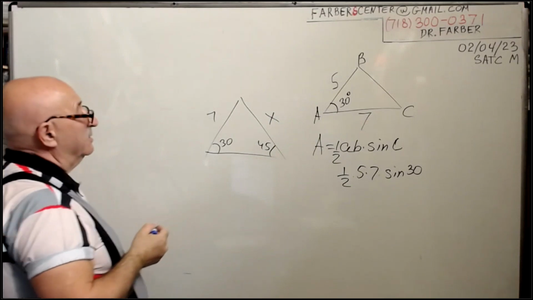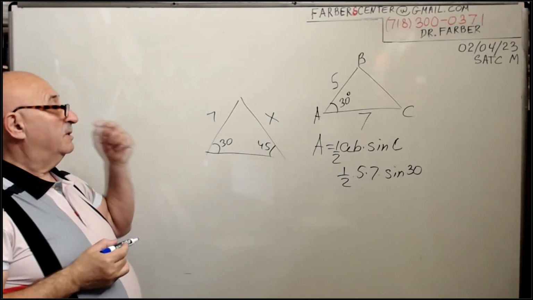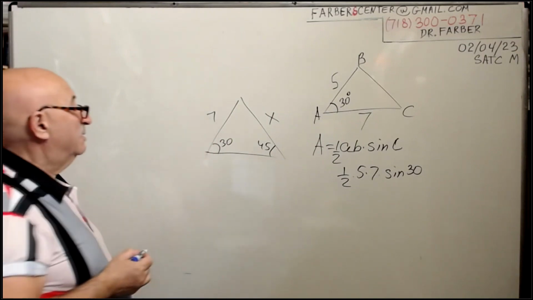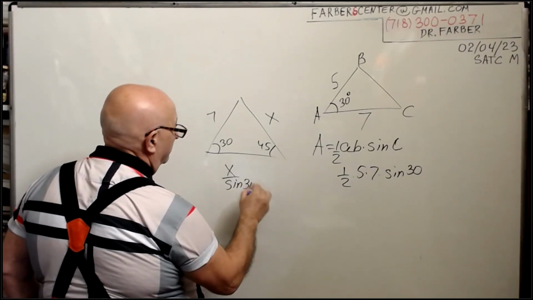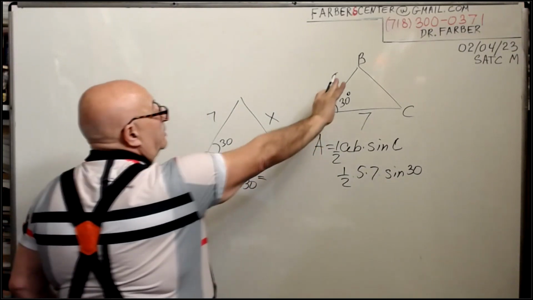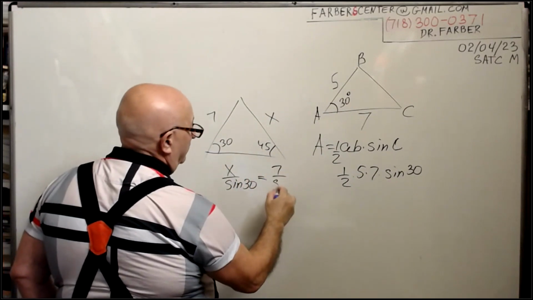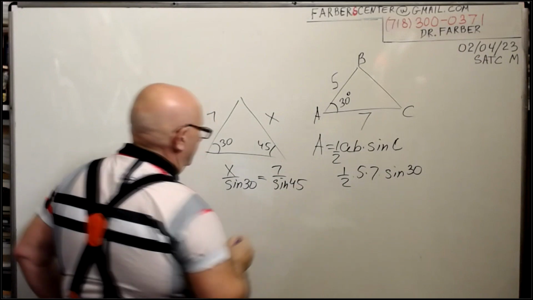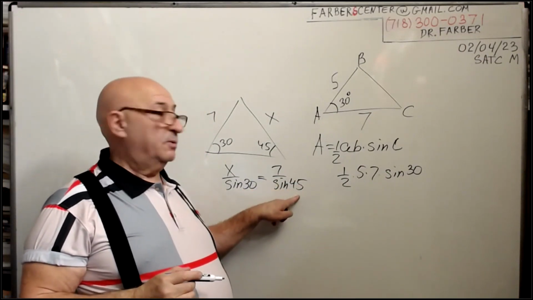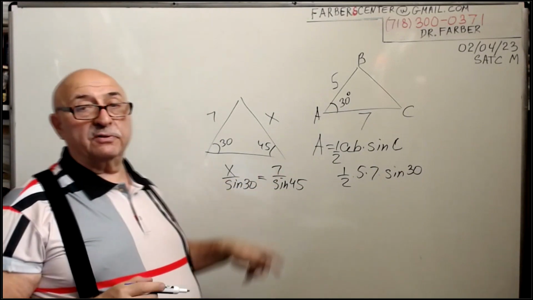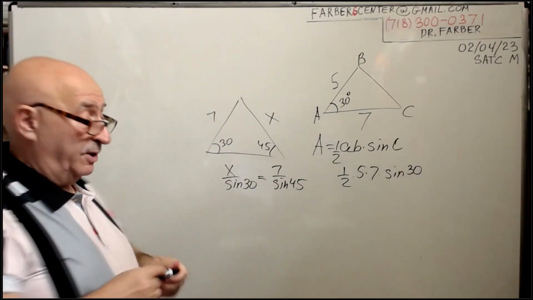You could find the third side, etc. But in trig, you solve it in one shot, even though it's not a right triangle: for any triangle, x over sine of 30 equals 7 over sine of 45. Sine 30 is 1/2, sine of 45 is square root of 2 over 2. Everything is given, and you find x in one shot. Isn't it beautiful? So my point is, trig is extremely important.